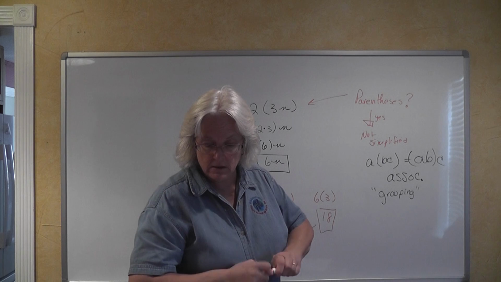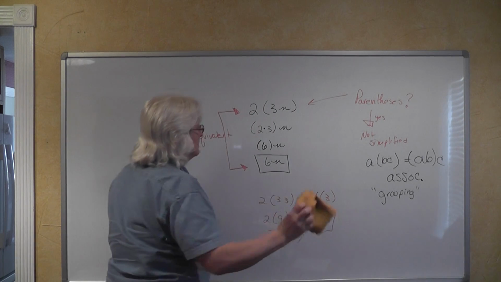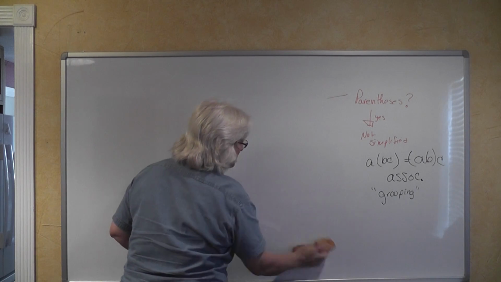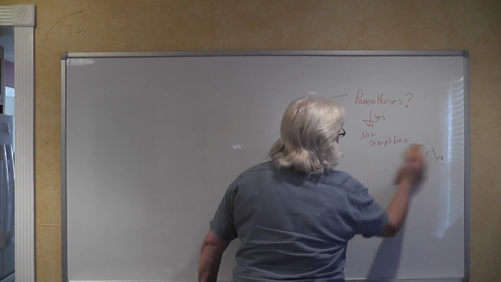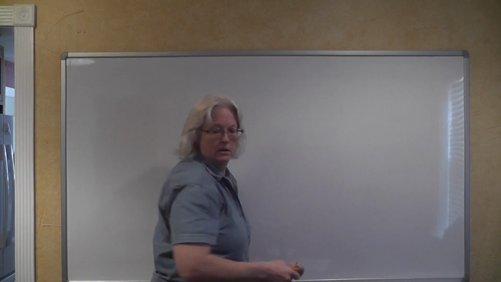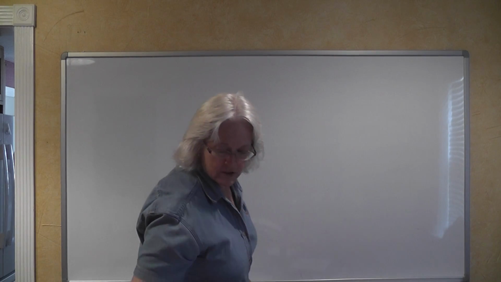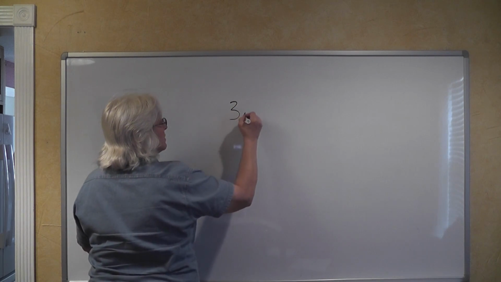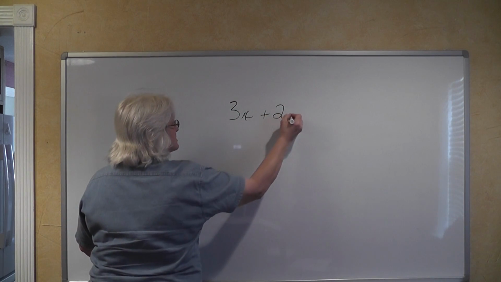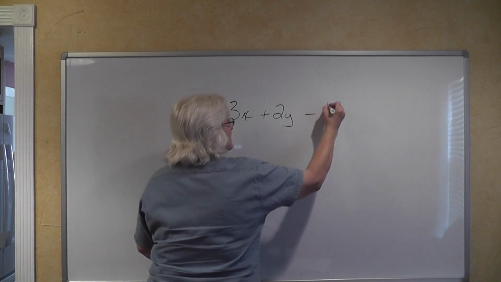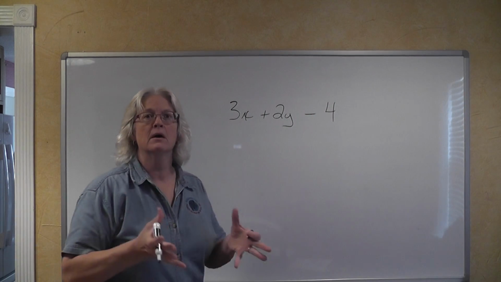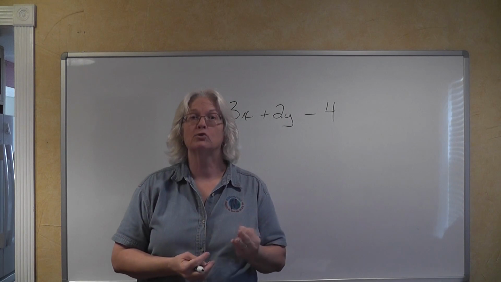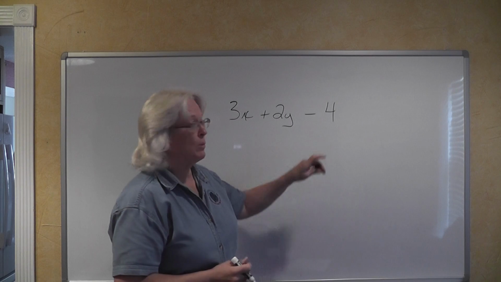Okay, now let's go to where we have some addition and subtraction instead of multiplication. And we have 3x plus 2y minus 4. This is an algebraic expression that has 3 terms in it. What are terms?